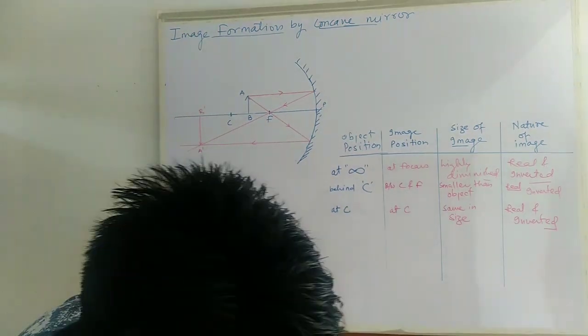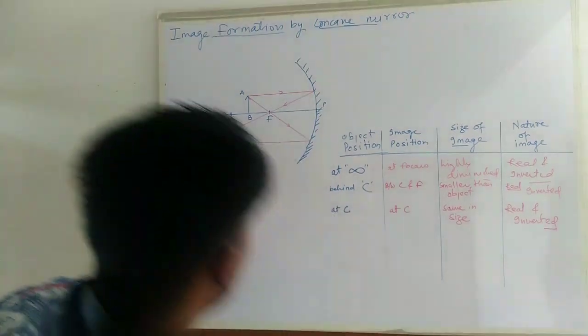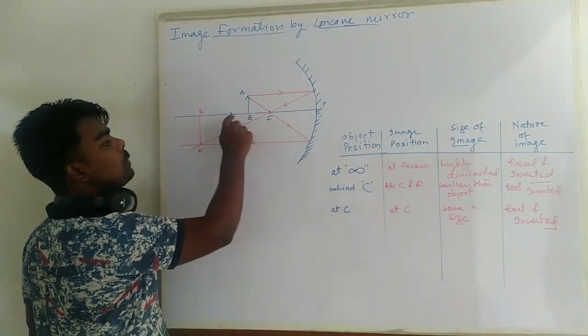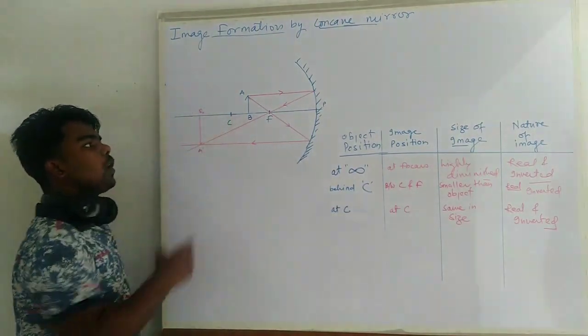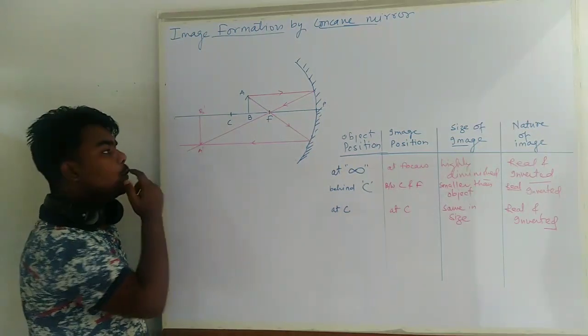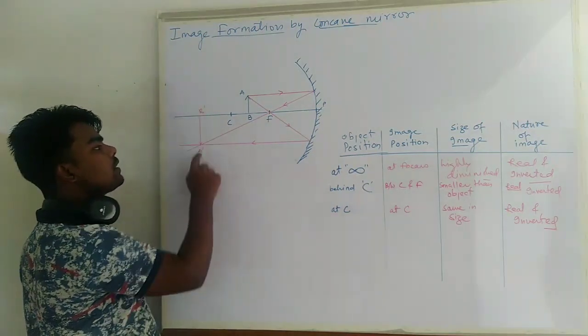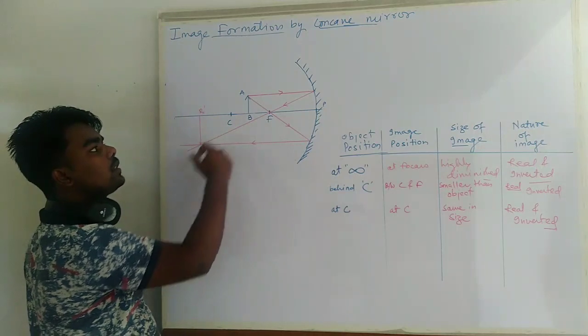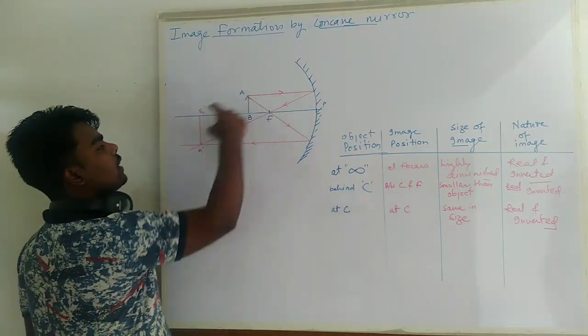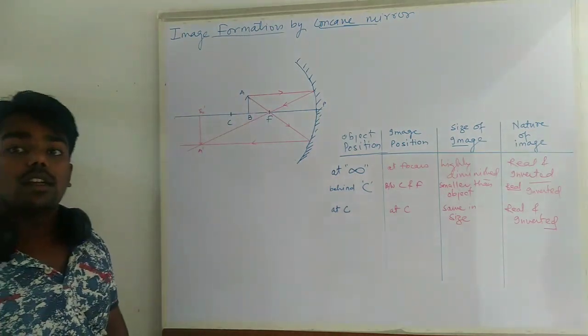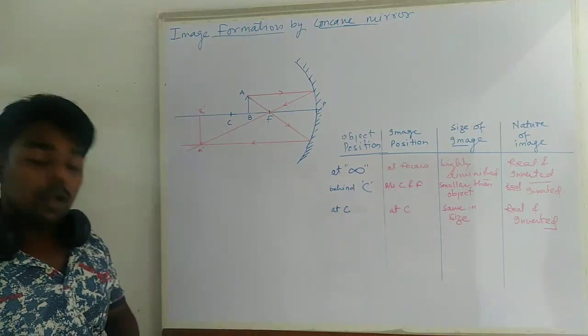So what if the object is placed between C and F, its image is forming behind C, and you will see here this image is inverted, उल्टी इमेज है, और साइज देखोगे ऑब्जेक्ट के रिस्पेक्ट में तो इसका साइज कैसा है, larger. Okay, or you can say magnified.